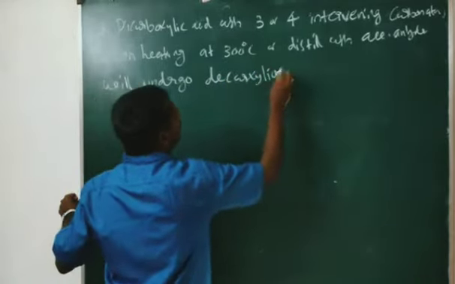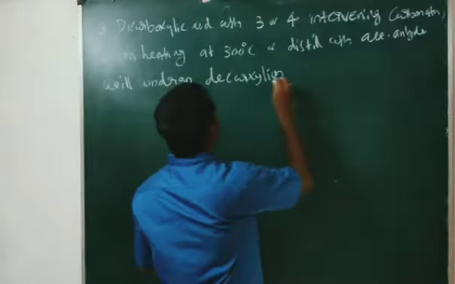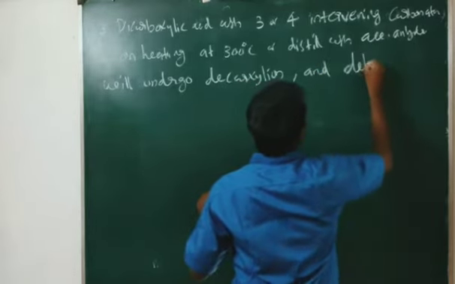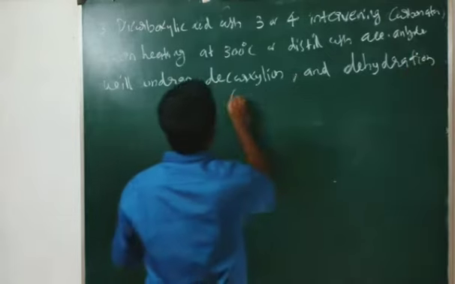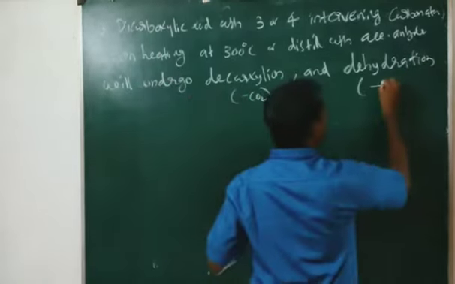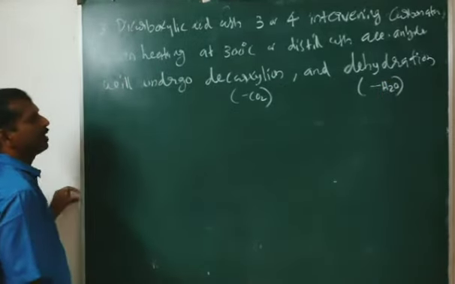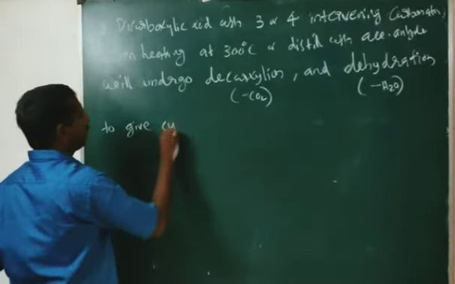That means it will undergo the elimination of carbon dioxide, decarboxylation, and dehydration. That means in decarboxylation minus CO2 is eliminating, and at the same time minus H2O is also eliminating. It will undergo decarboxylation and dehydration to give cyclic ketone.